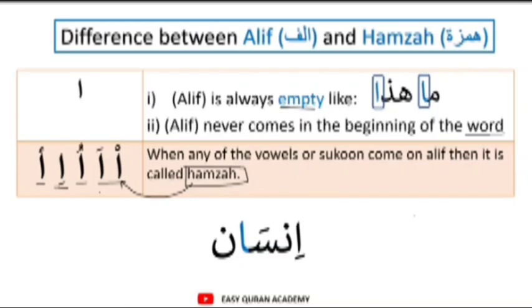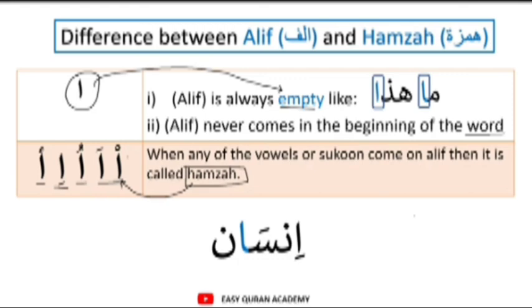So the basic difference that you can see over here: alif is always empty, as we can see over here. That's number one. And number two, it never comes in the beginning of the word. And whenever we put hamza itself, or whenever we put kasra or dhamma or fatha, or even the sukoon sign, then it becomes hamza and we do not call it alif anymore.